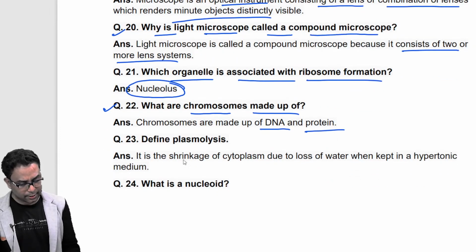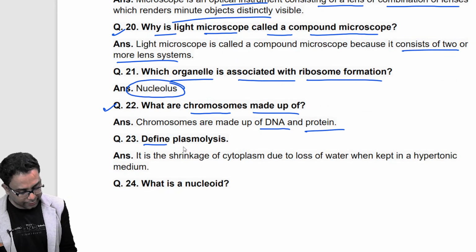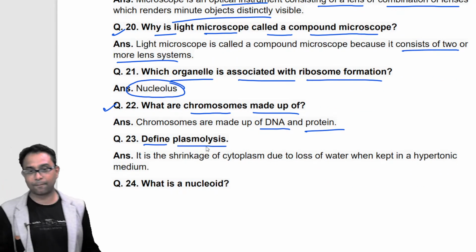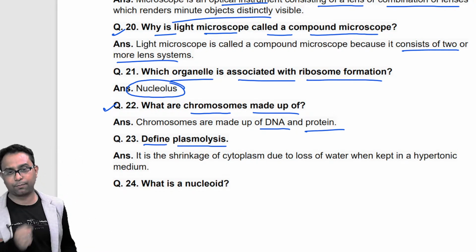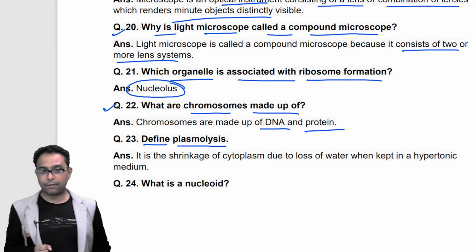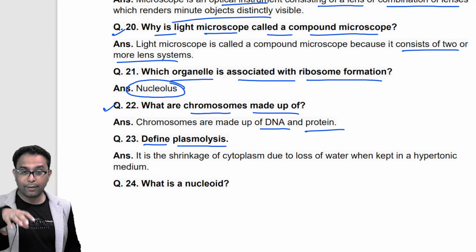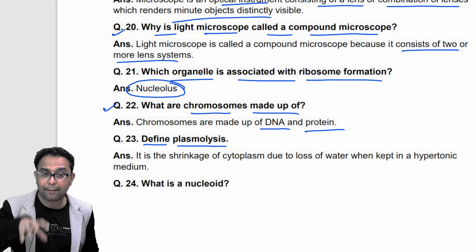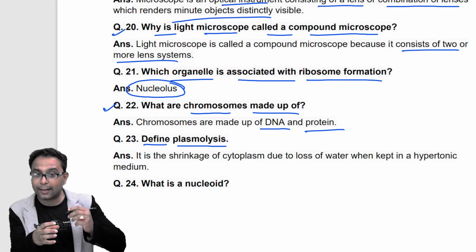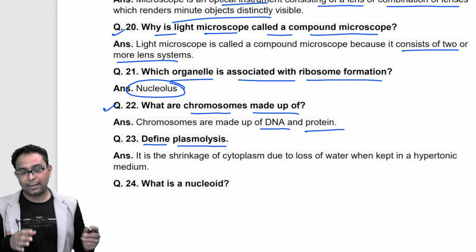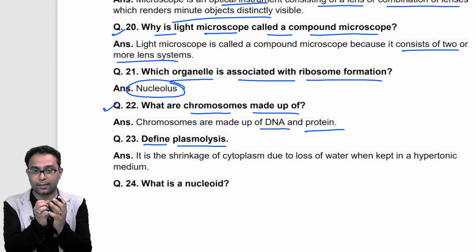Next question number 23. Define plasmolysis. Plasmolysis is like the shrinkage of the cytoplasm. When a cell is kept in a hypertonic solution, the water exits from the cell, and the cell shrinks.